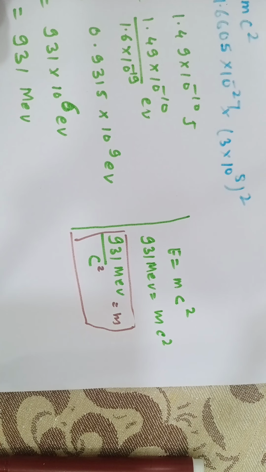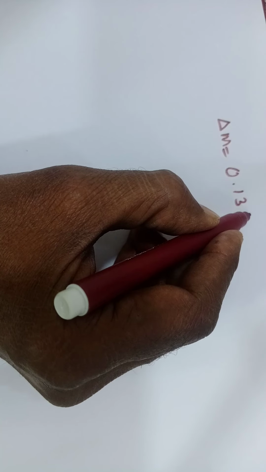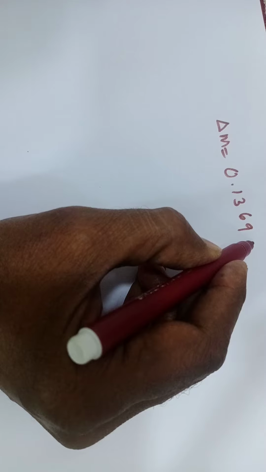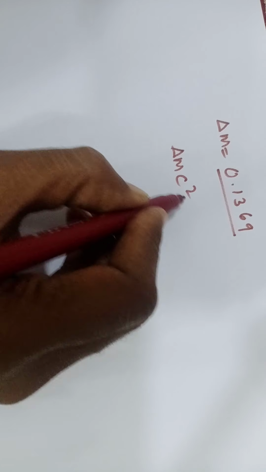Knowing this, in our first example of the oxygen nucleus, suppose the mass defect delta M is 0.1369 u. If the mass defect is this, we can convert by using delta M c².